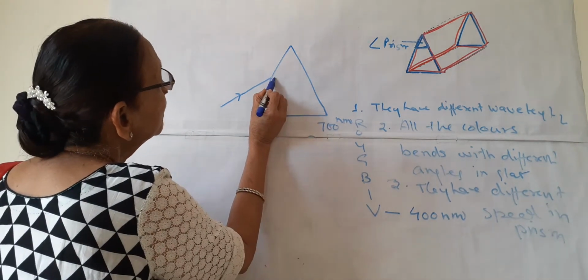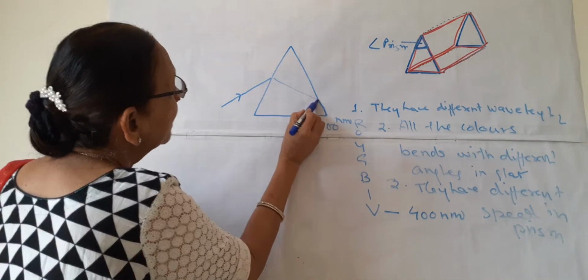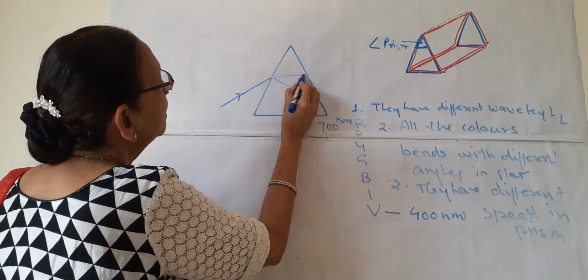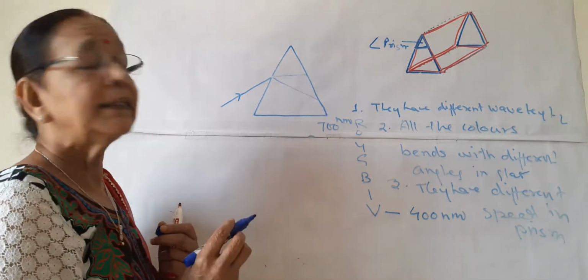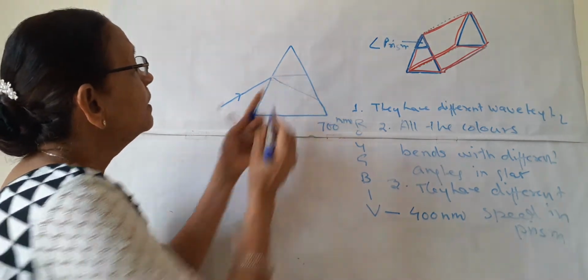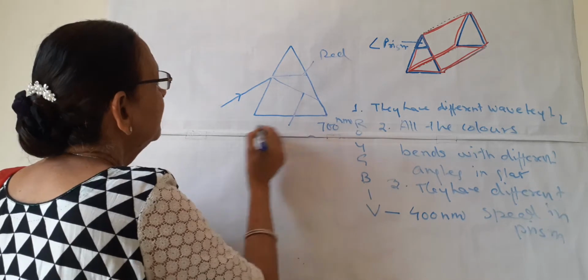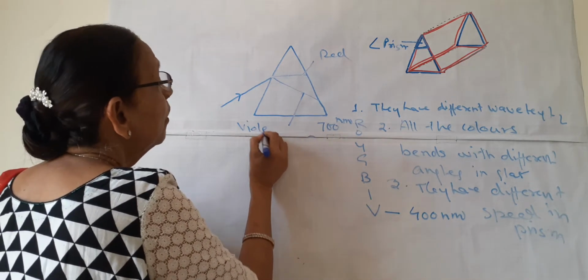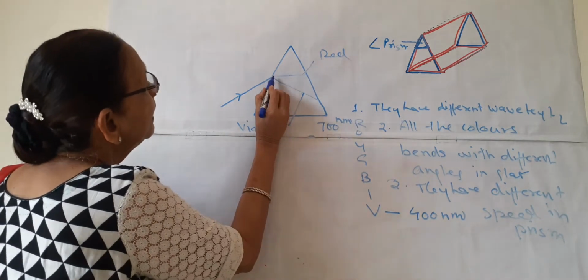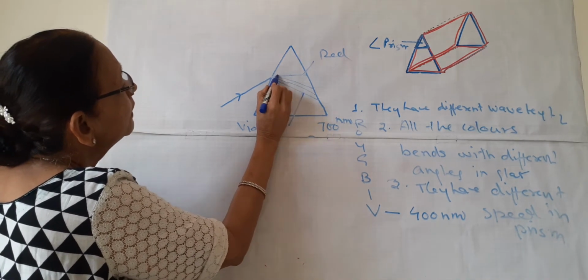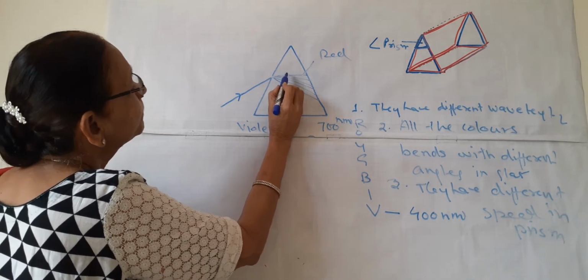One of the colors bends like this, and the topmost color bends like this. This line is of red color, and the lowermost is of violet color. In between, the other colors are there, 7 colors in all.